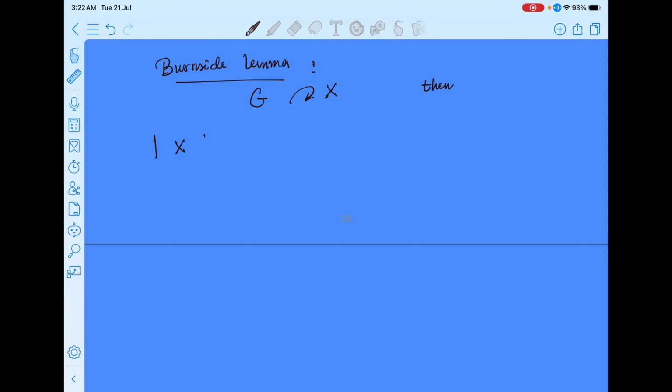The total number of distinct orbits, Burnside's lemma says, is 1 by |G| times the summation over g belonging to G of the fixed points of g.